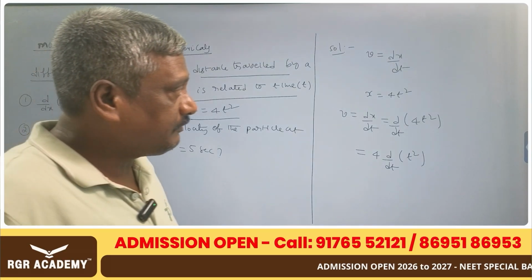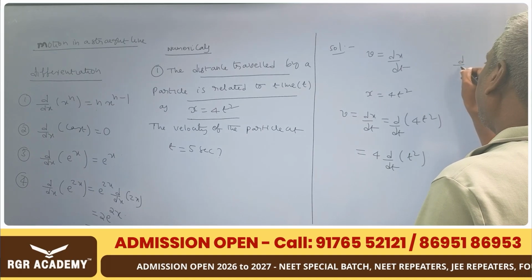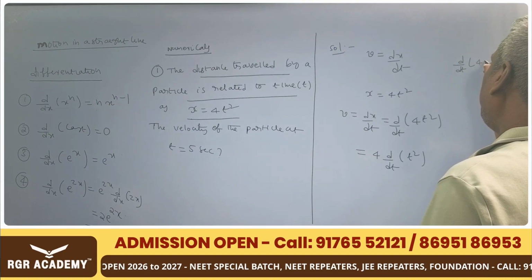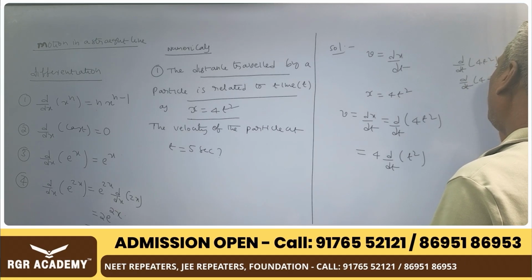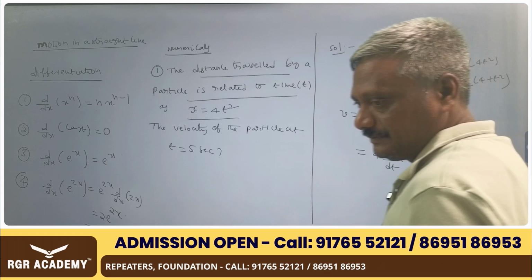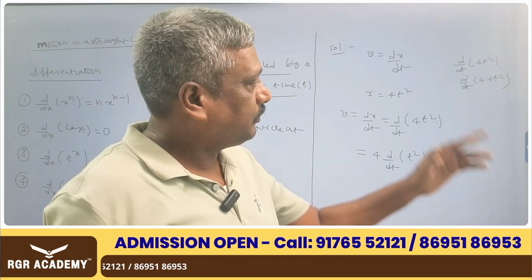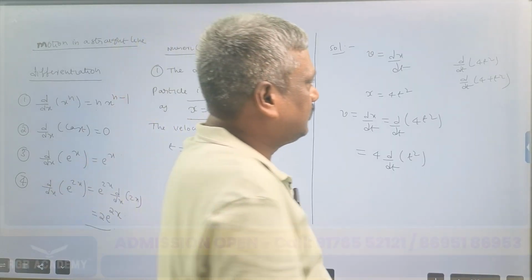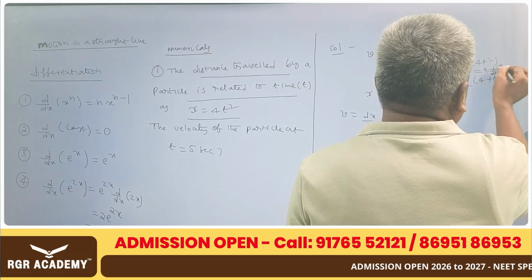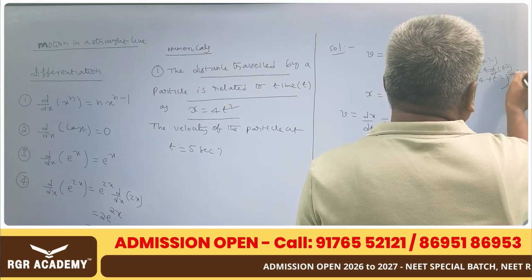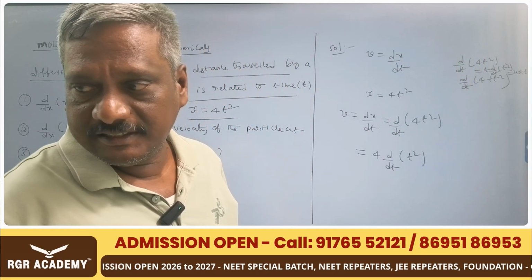Here, everyone try to understand one important thing. While applying differentiation, d by dt of 4t square and d by dt of 4 plus t square are different. D by dt of 4t square means it contains only one term. 4 can be taken outside, so this is 4 into d by dt of t square, so it becomes 4 into 2t. But the second one is different.